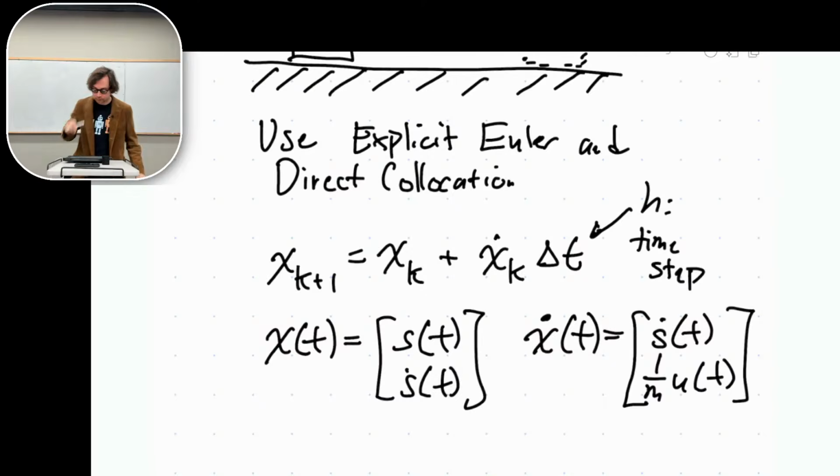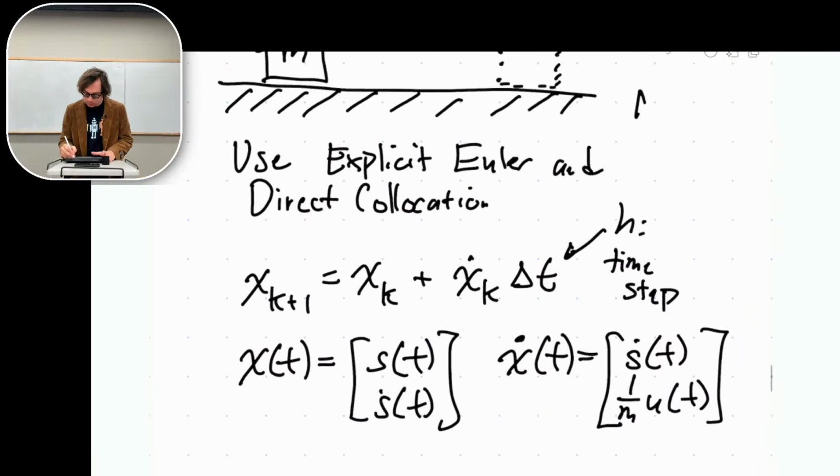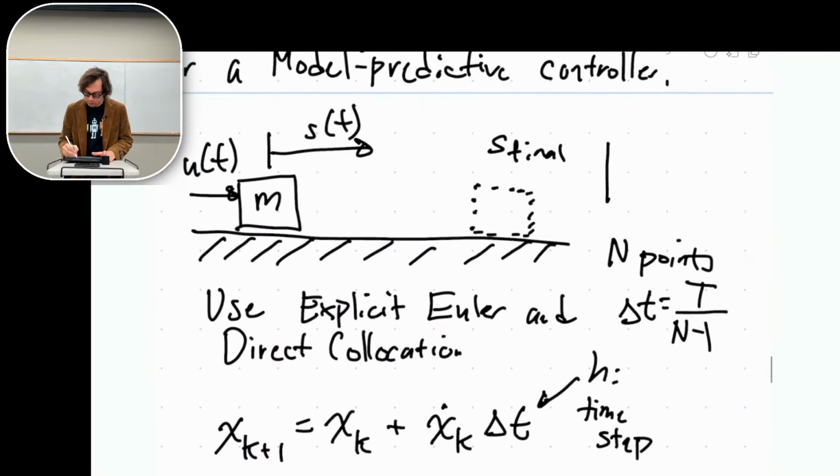In our time step, if we have n points on our trajectory, delta t is going to be equal to our final time, T, over n minus 1. Just recalling that if we have time, here's our state. We have 1, 2, 3, 4, 5, 6, 7, 8, n.